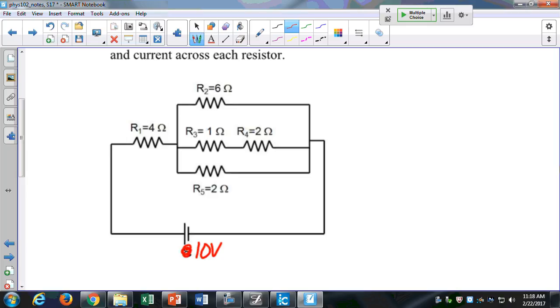Find the equivalent first, and then also what's the current and voltage for each resistor.